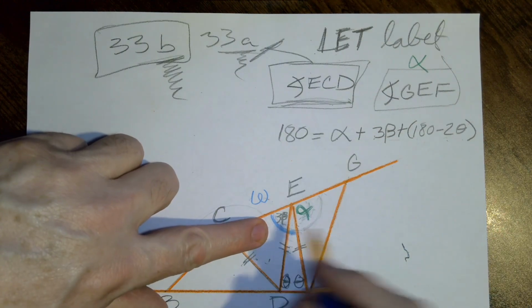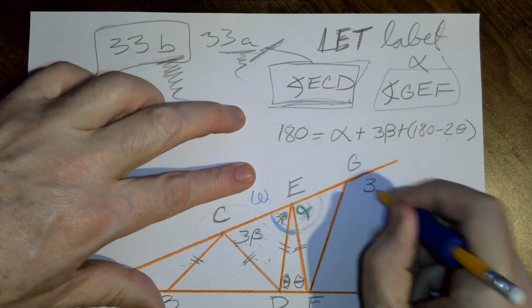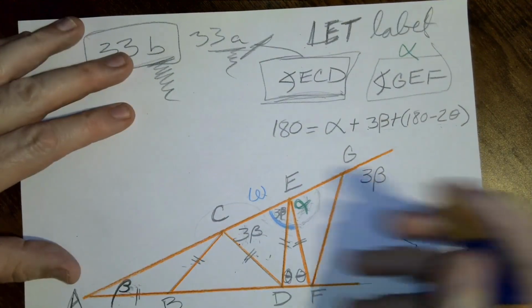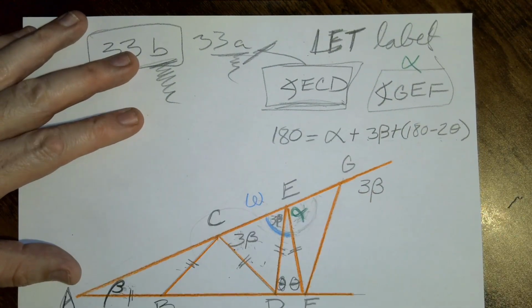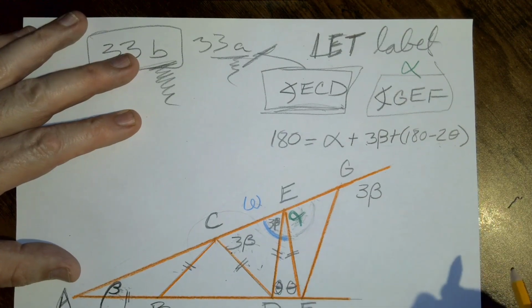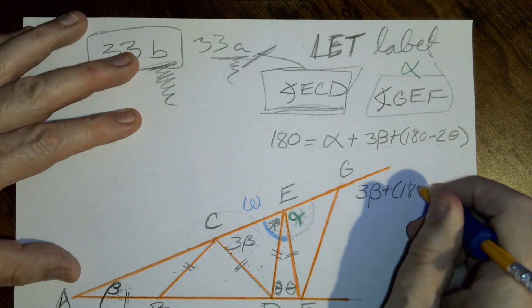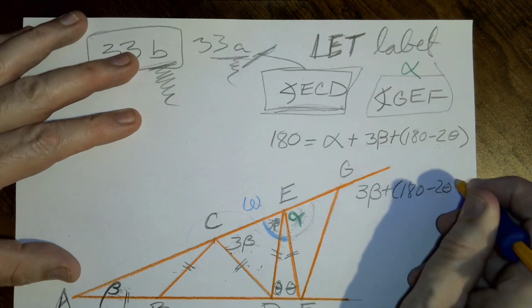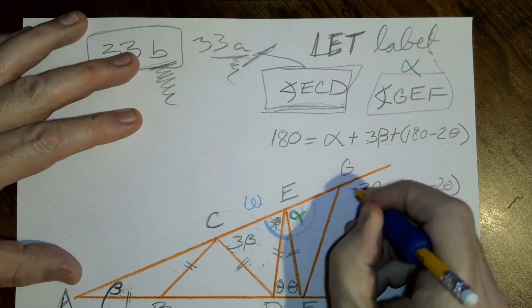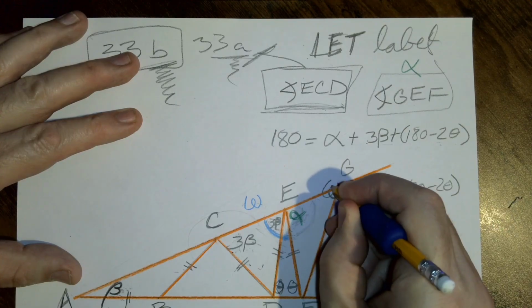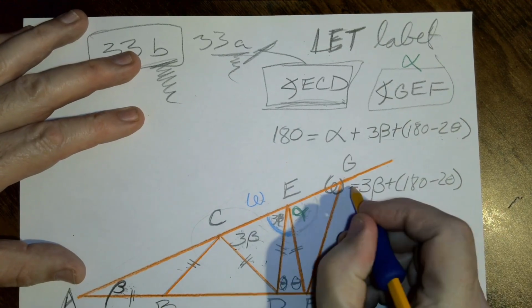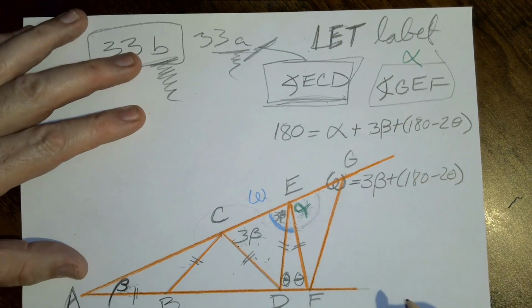And we can also write 3 beta plus 180 minus 2 theta, that is our omega. Kind of cramped for space here, unfortunately.